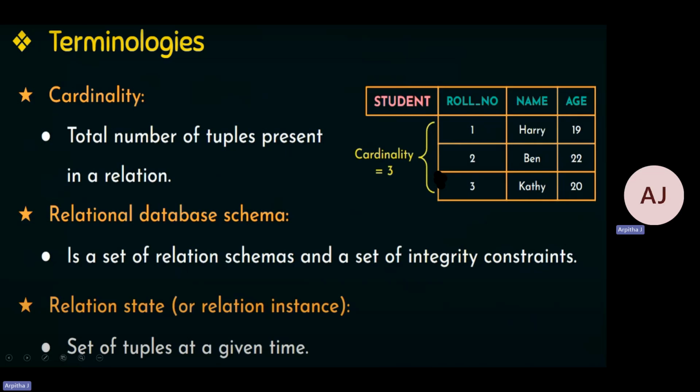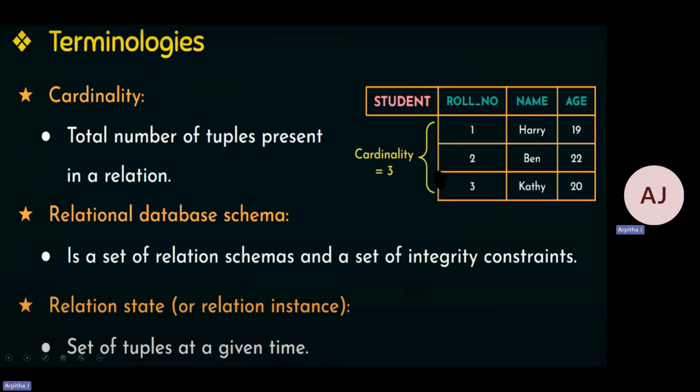Fine. Next is relational state. This we have seen in the previous chapter. Remember? Or forgot? What do you mean by relational state? Whatever relation is there, when I'm talking about relation it is nothing but the table. At present, what is the state of your table? What is the cardinality? 3.